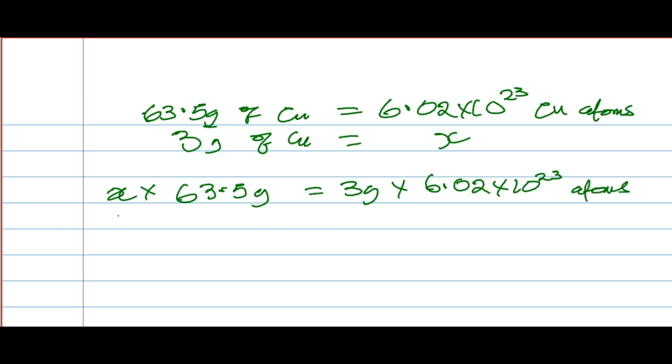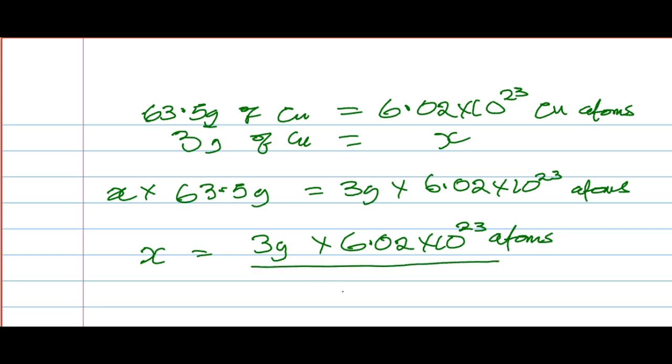So we are looking for X. We make X the subject of the formula. That is easy from here. So we're going to have X equals 3 grams times 6.02 times 10 to the power of 23 atoms, divided by 63.5 grams of copper.